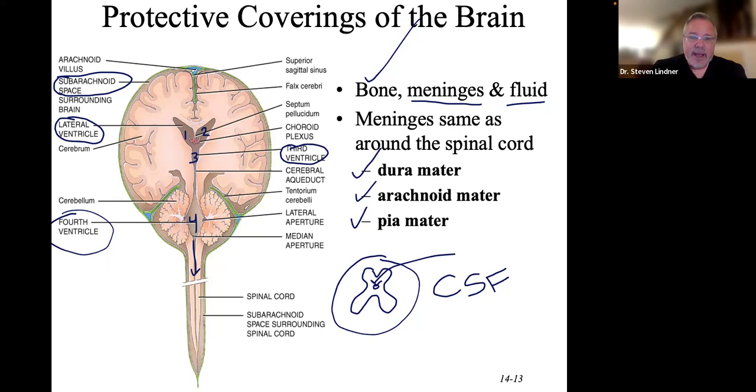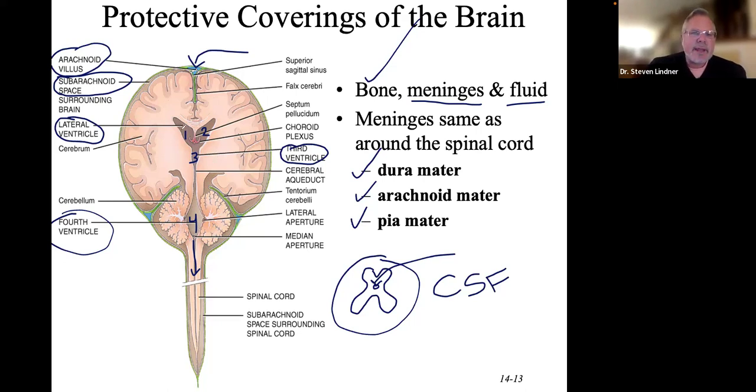It comes out, goes right back up here, gets filtered and reabsorbed at the top where we have the arachnoid villi, and it comes back in, gets reabsorbed and filtered, and starts all over again, for this what's called sacro-occipital pumping mechanism of the CSF.